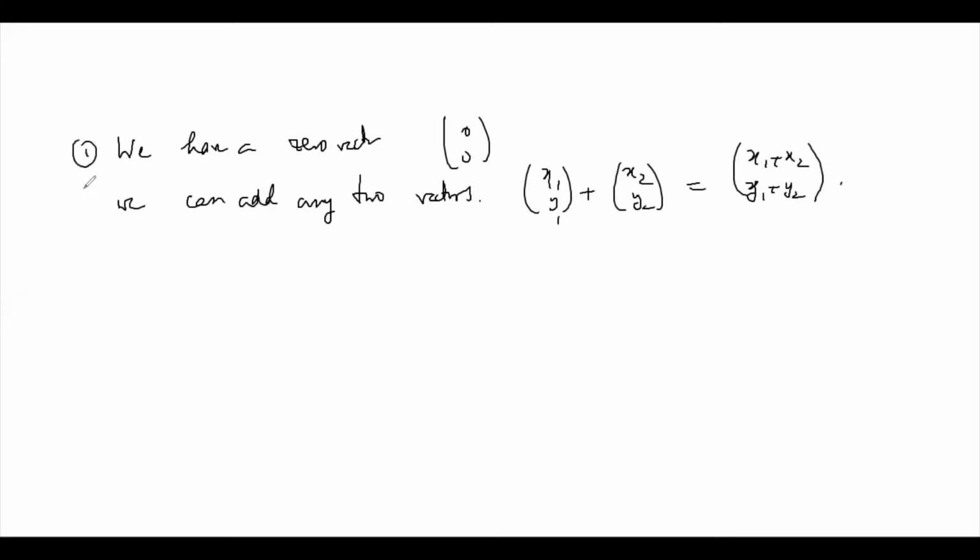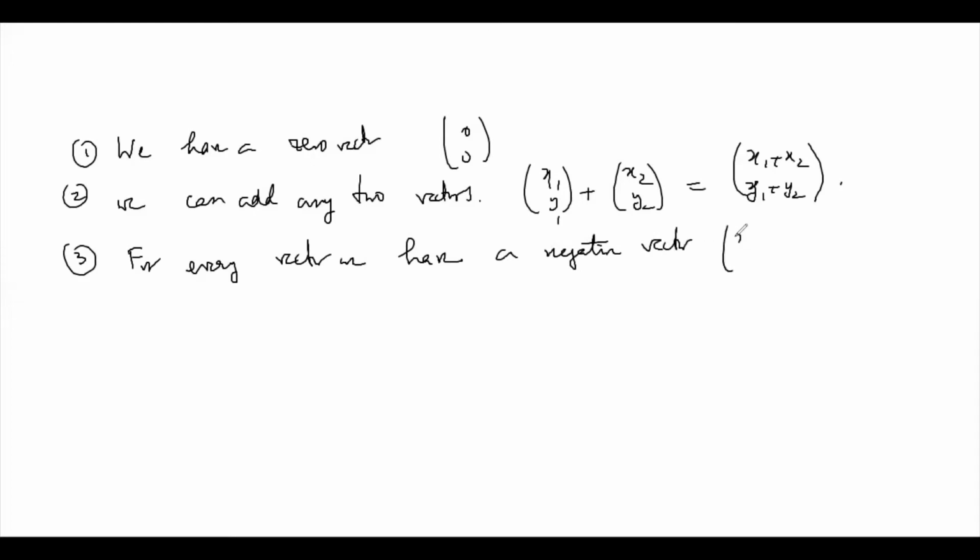So should we say 1, 2, 3, for every vector, we have a negative vector. So (x, y), and then the negative vector is (minus x, minus y). And a vector plus its negative gives you a zero vector.